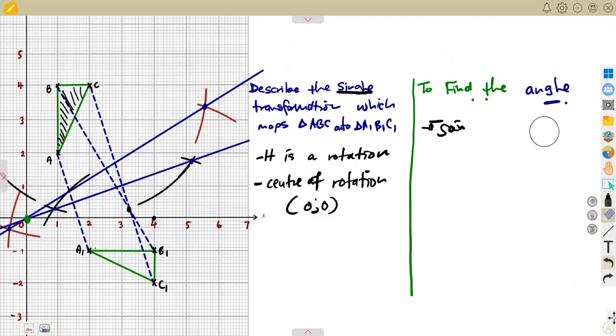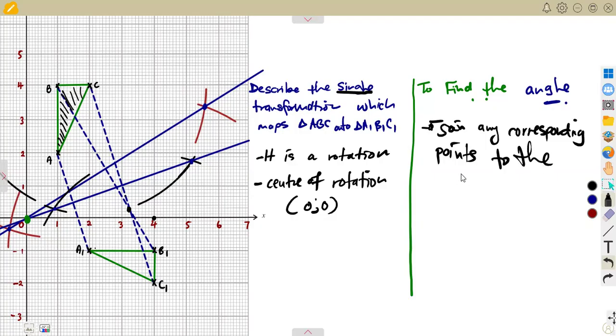All right. So this is what I'm trying to say. You join any corresponding points to the center of rotation. Remember, we have the center of rotation. So you're going to join any one. When I'm saying any, you just use one.